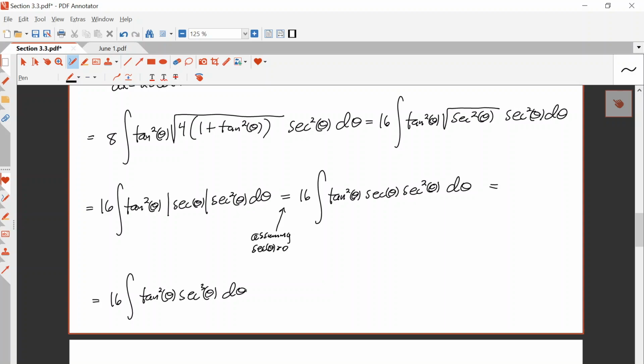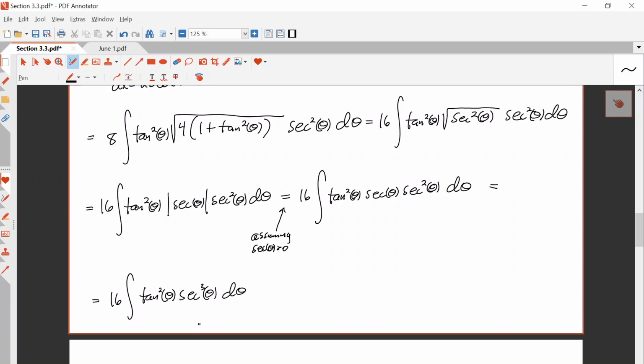Now, the strategy with these was either to factor out the derivative of secant, which is secant times tangent, or factor out the derivative of tangent, which is secant squared. And whichever one you do, you have to transform the rest all into secants or all into tangents. So I'm going to factor out secant times tangent because that's going to leave me with secant squared, and secant squared I know we can transform into tangents.